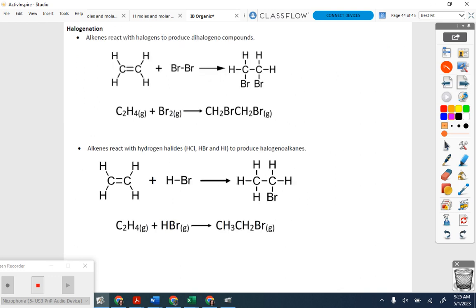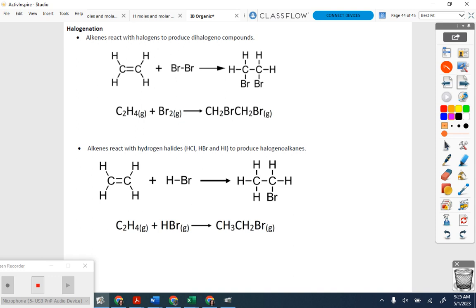We can also, instead of hydrogenating, halogenate. We can add a halogen molecule and end up breaking that bond and adding 2 of the halogen atoms instead. So if I have an alkene reacting with Br2, then I'm going to break that double bond and add 2 bromines. You can do this with any of the halogens.